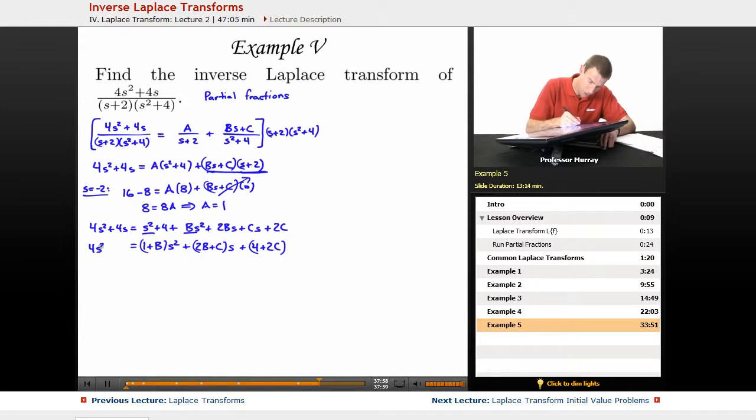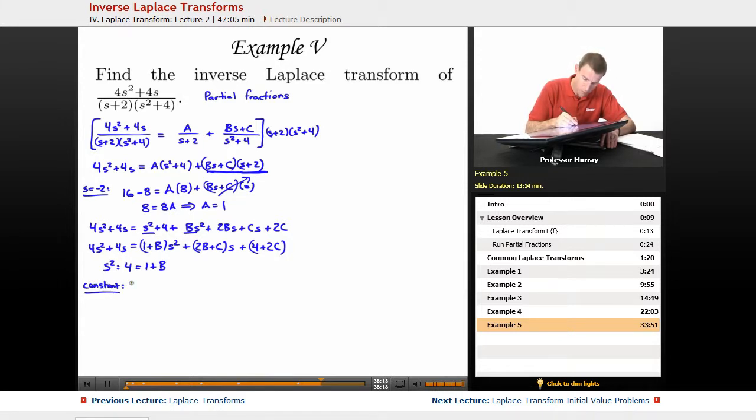This is still equal to 4s squared plus 4s. And so from my s squared terms, I see I'm going to get 4 is equal to 1 plus B. From my, I think I'm going to skip to the constant terms because that looks a little simpler.